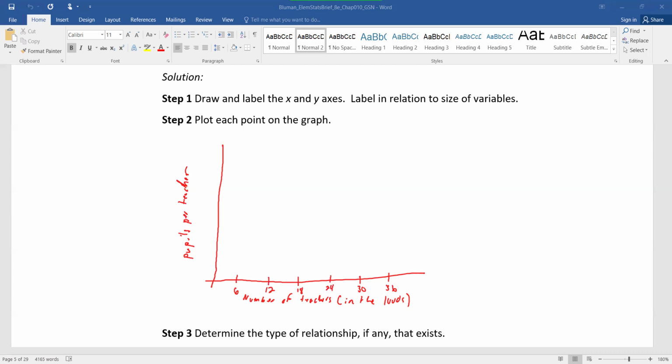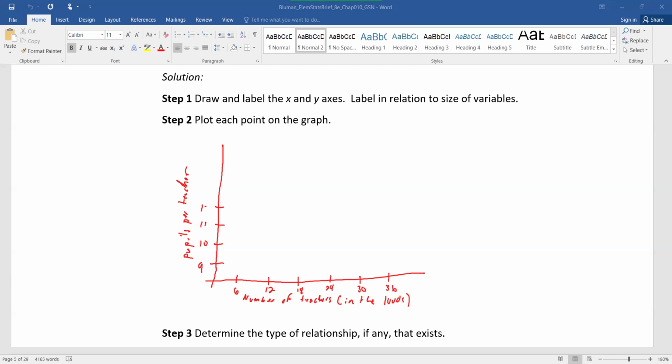And then I see for pupils per teacher, I see 9.2 to about 18.3. What do y'all want to go by? So start like at 9 and then go up by ones. That sounds good to me. So we'll start here at 9 and then we'll say 10, 11, 12.